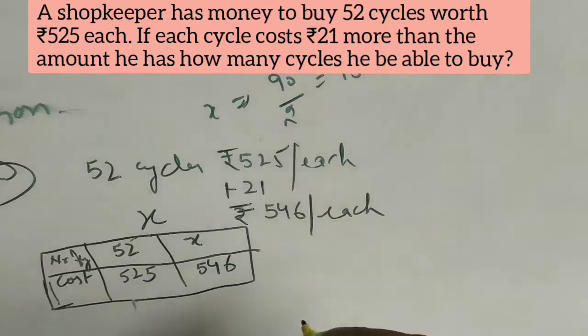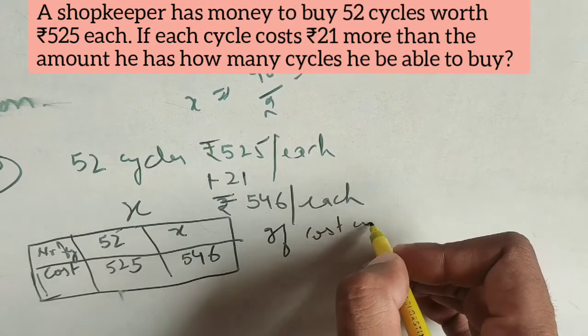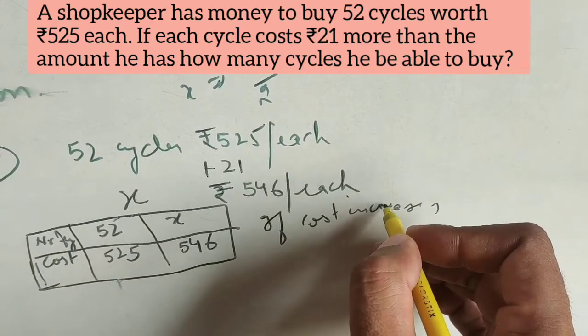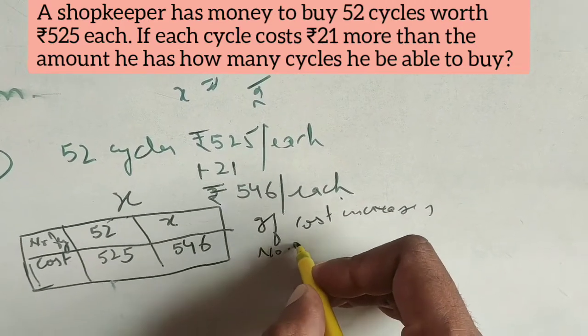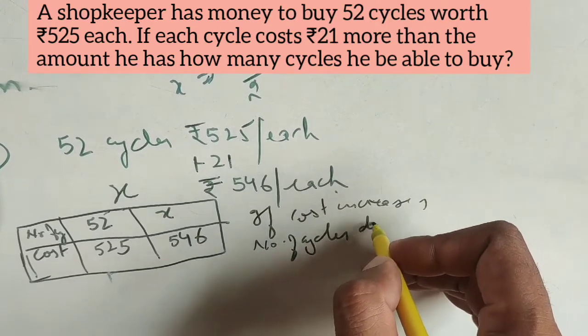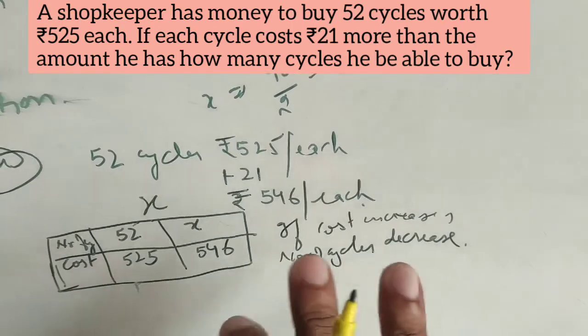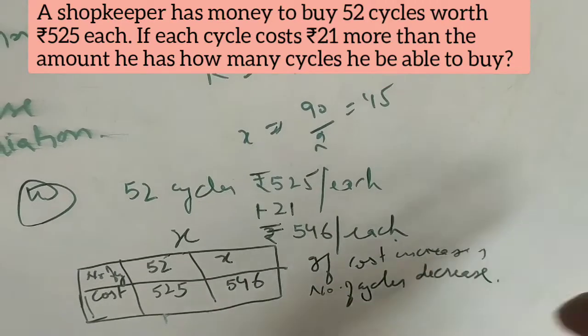Now one thing is clear, if cost increases, then the number of cycles he can buy will decrease, because he has the same amount. Suppose he had 50,000, then still he has 50,000 rupees.